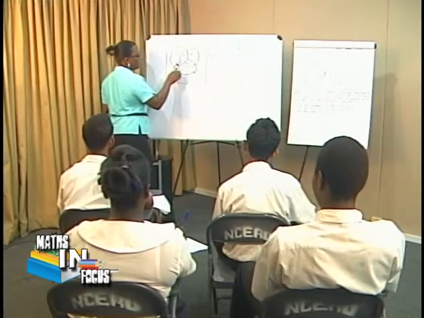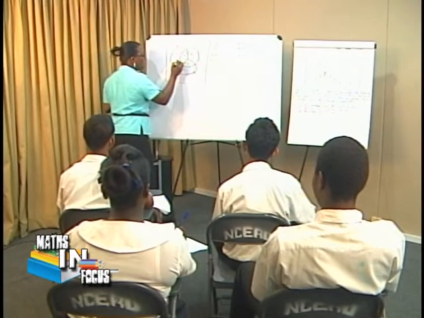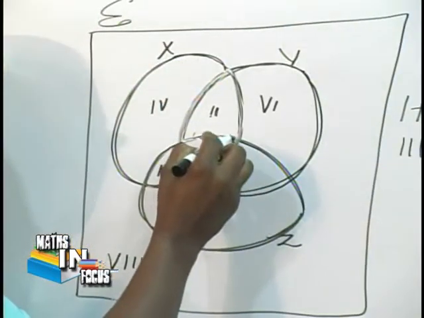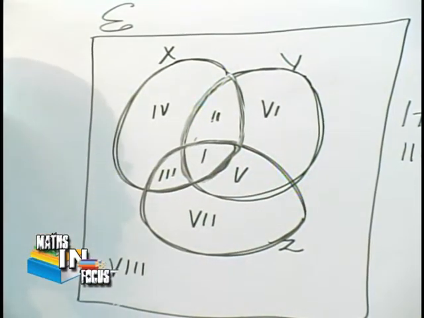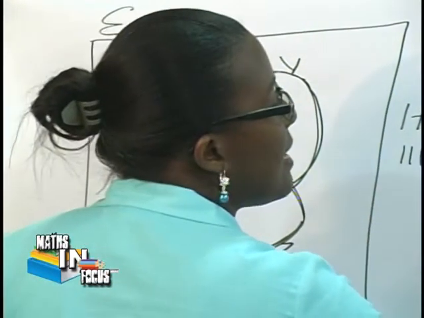And region 3 would be, let us take the whole thing. This whole thing here would be X intersect Z. But then region 3, this portion is cut out here.